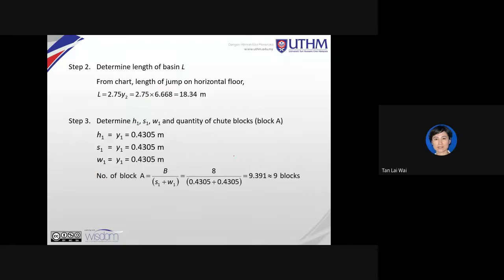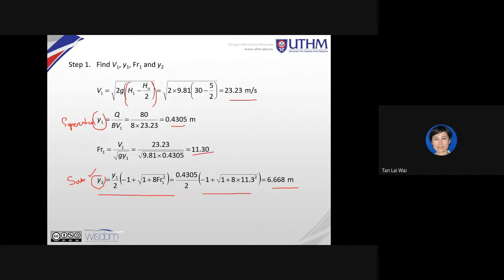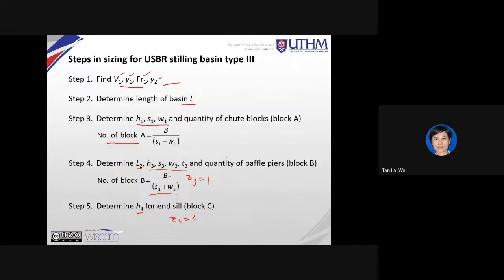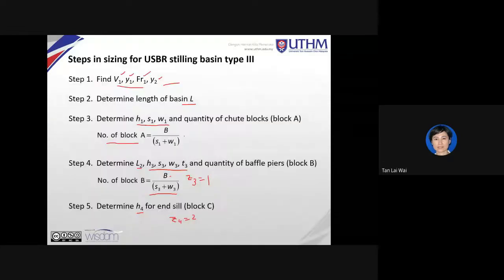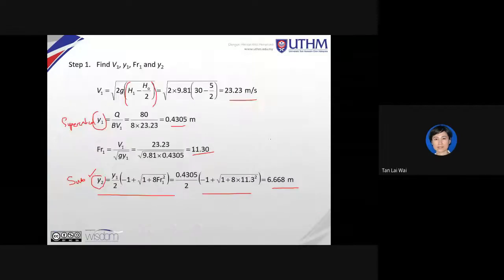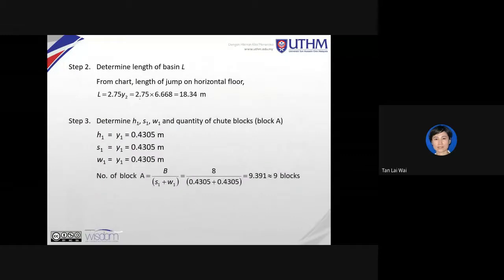Okay. Now, determine length of basin. You see, from the chart. Okay, let's look at the chart. So we have Froude number of 11.3. So I have 11.3 somewhere here. Okay, so I get about almost the same, which is about 2.76 as well. Okay, if you look at here, I put it here 2.75.